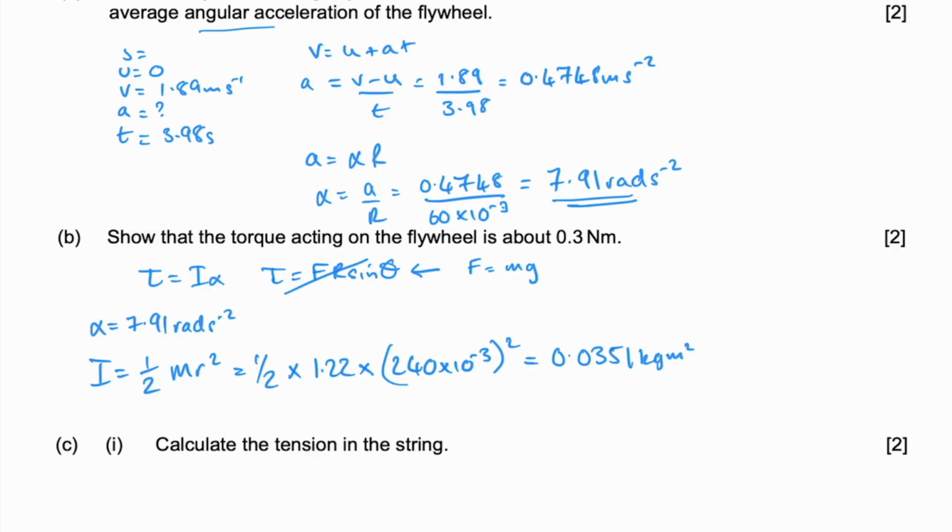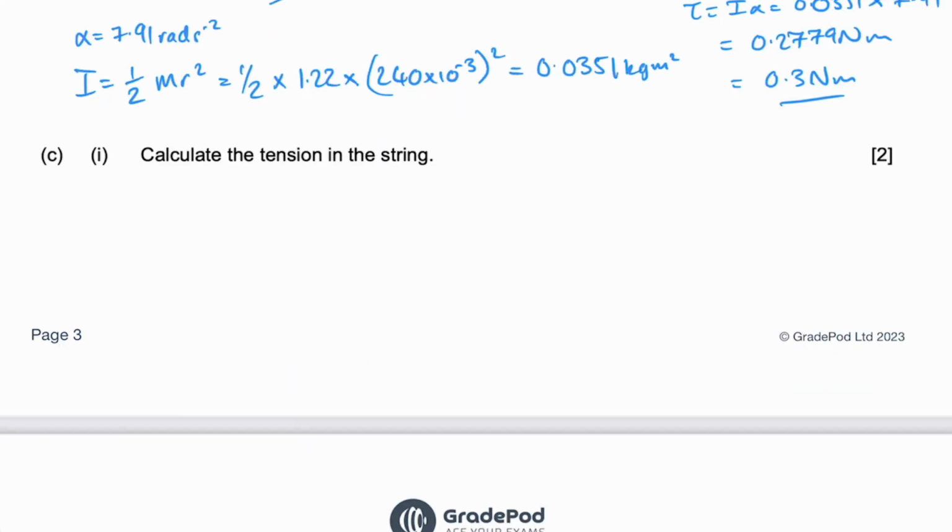Okay, now we can put it into tau. Tau equals I alpha, which is 0.0351 times 7.91, which is 0.2779 Newton meters. That gives us 0.3 Newton meters as requested.